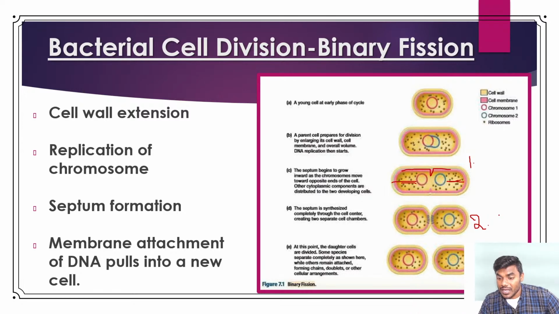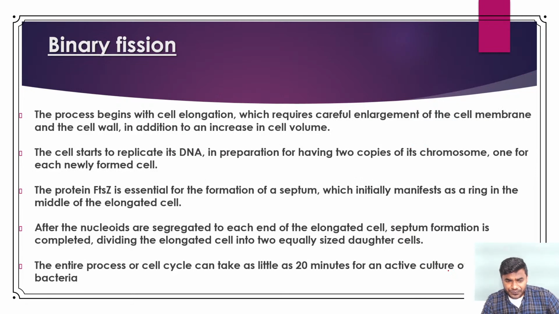Every student remember, septum completion indicates that the two chromosomes moved towards the ends of the pole, the cytoplasmic contents are completely segregated into the two cells, and the splitting has occurred completely. So septum formation indicates the two chromosomes are moving to opposite poles, and septum completion indicates that the cytoplasmic contents and ribosomes are also equally distributed, and the cell is split into two.